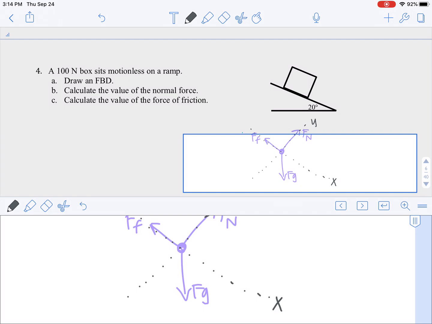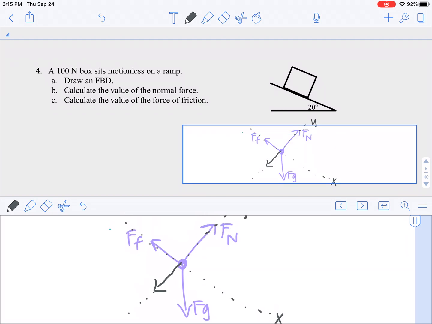When I actually know where my axes are, that's going to help me draw in my components, because I need my component vectors to be parallel to my axes. So right away, I think that drawing in FGY is one of the easier components to draw in, because you just extend down from the normal force.